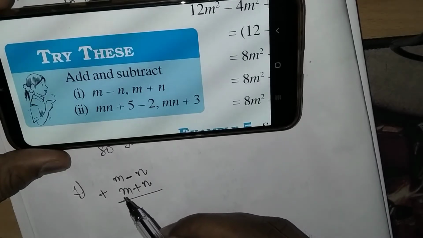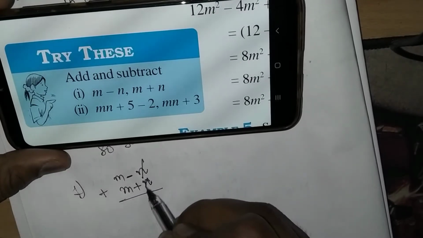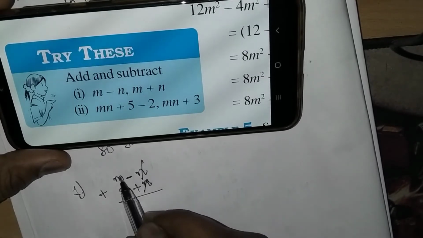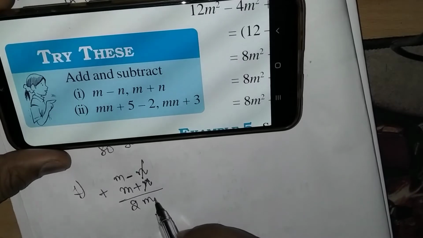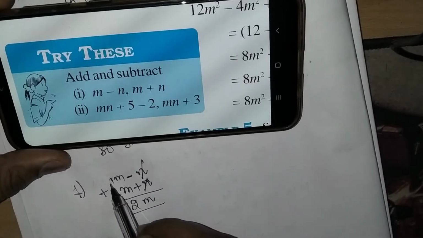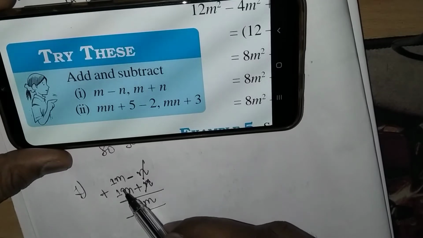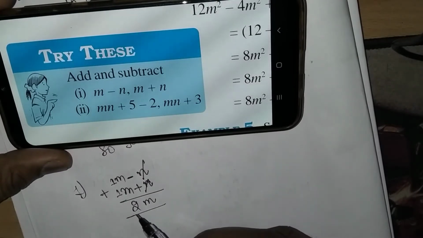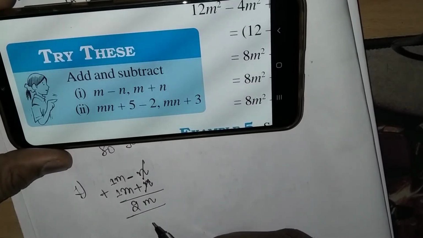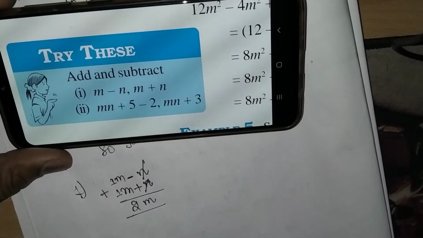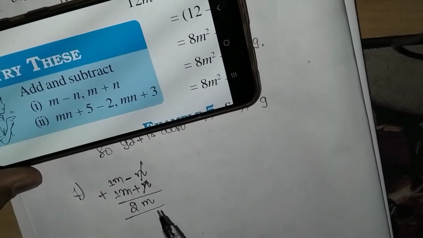They will vanish each other. See, this one is cut by this. What will you get? You will get 2m, because this one is 1, this one is 1, 1 and 1, 2. Both have same sign, so they will be added, and I added them. We will get 2m. Understood?